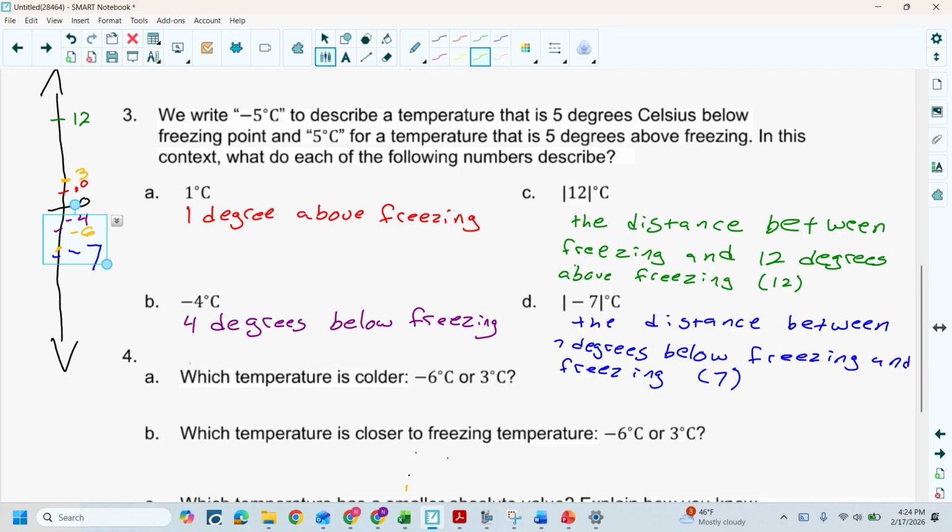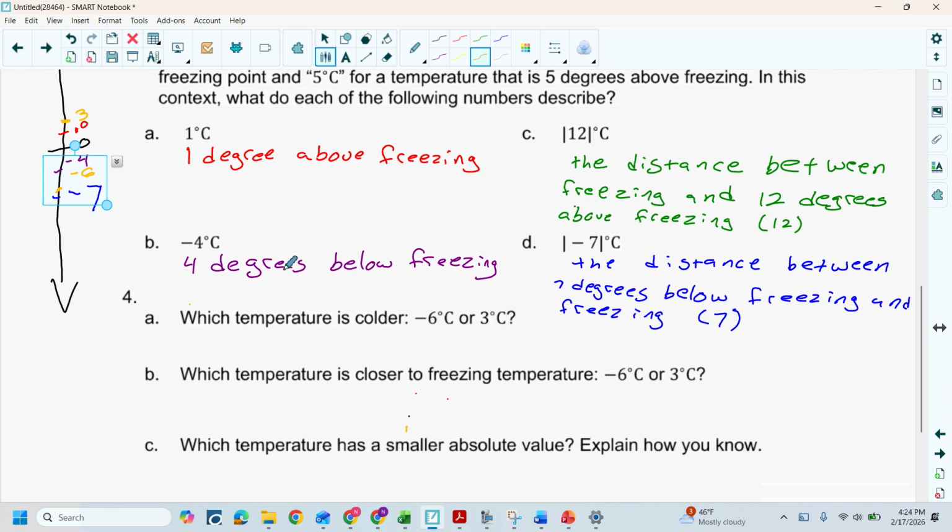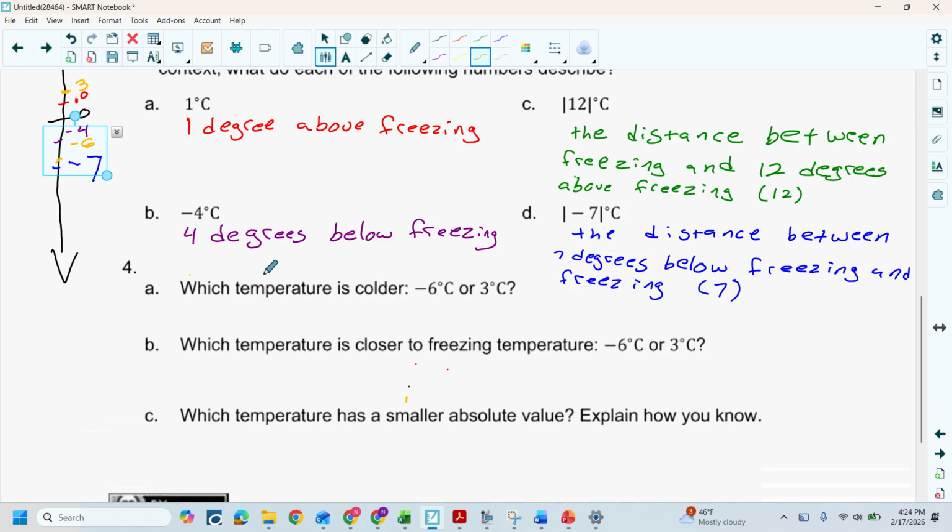I'm in that dead spot there on my tablet, so I apologize for that. And so since it's lower on the number line there, then -6 degrees Celsius, because it is below freezing.